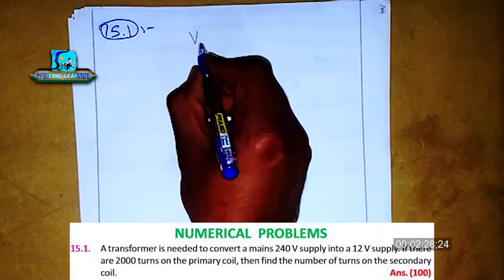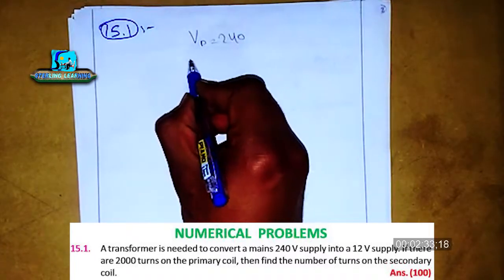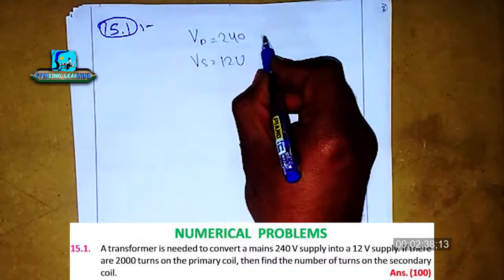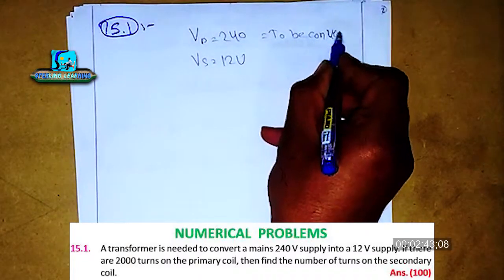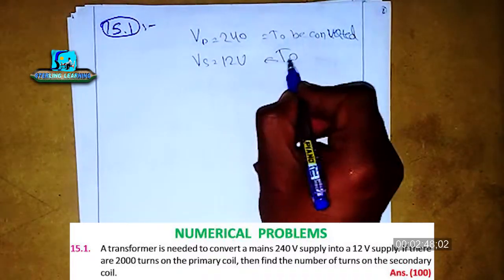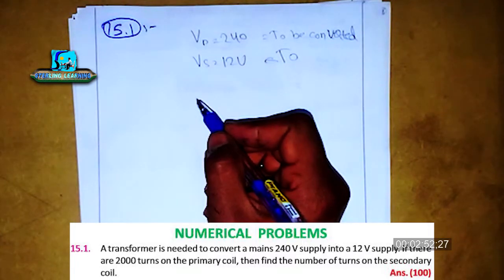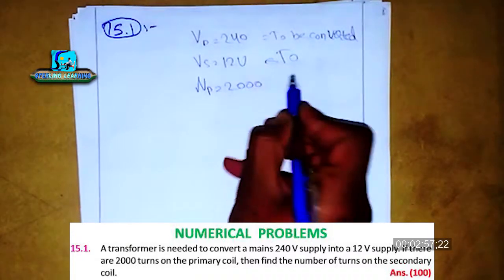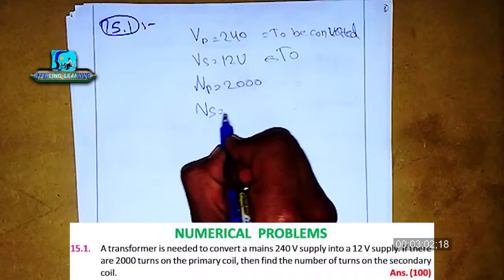We have our Vp, because 240 is to be converted to 12 volt, so Vs is 12 volt, and if there are 2000 turns in primary, Np is equal to 2000, then Ns we have to find.